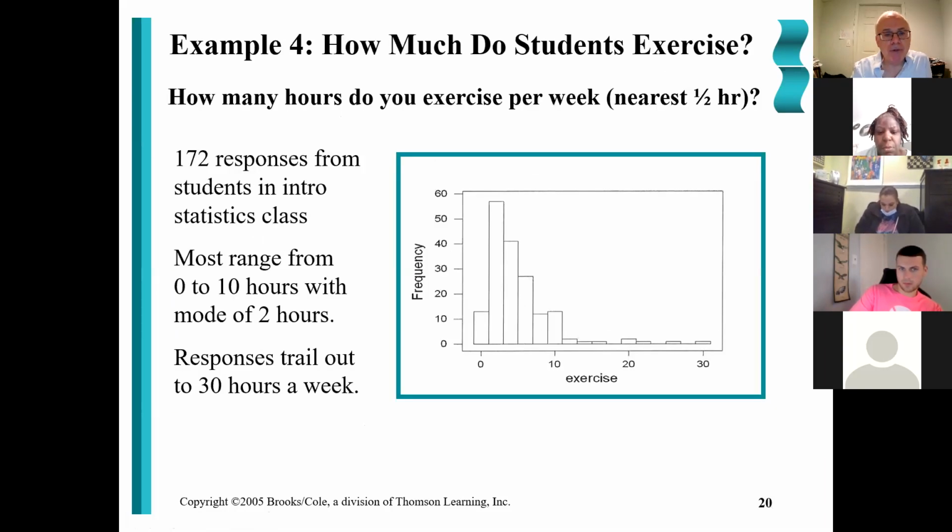Let's talk about this here. This is called skewed to the right. Most people, when I would ask them the question, is it skewed left or skewed right, they'd always say skewed left. No, it's where it's tailing off. That is where you say skewed right. It's tailing off to the right.